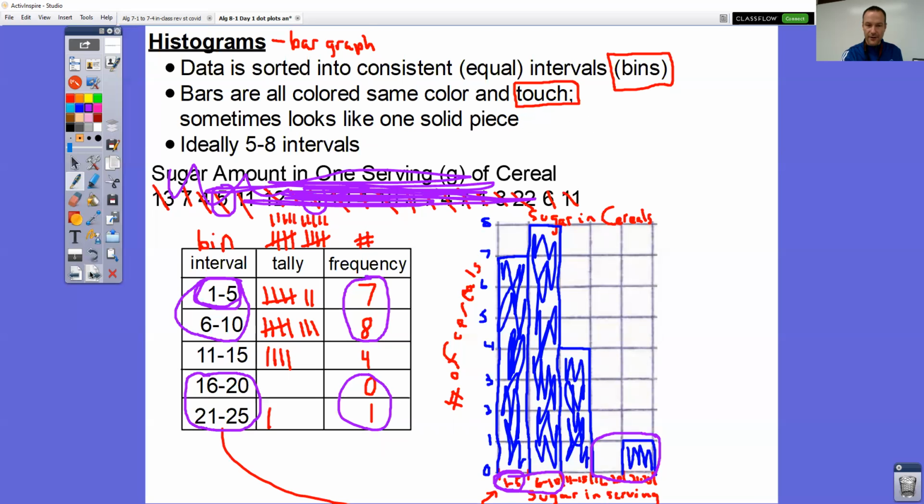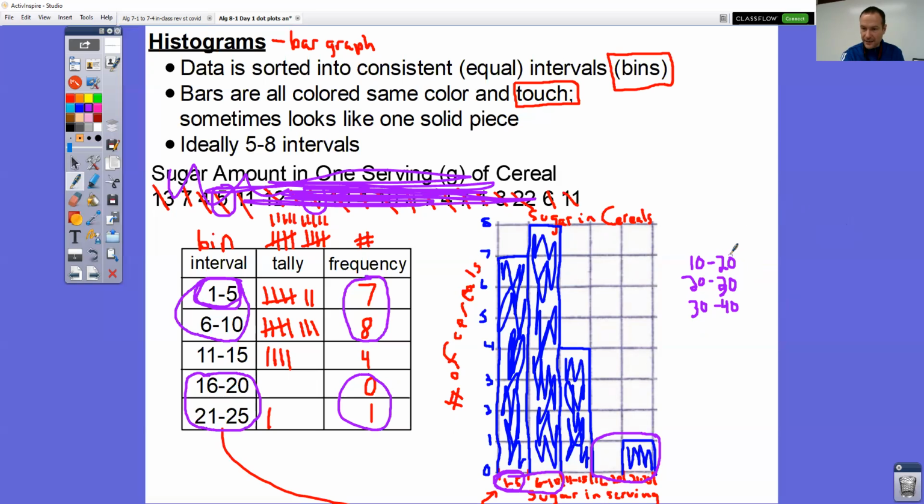Now, there is one other thing that I want to briefly touch on because there is one homework question like this. Sometimes you'll be given data that looks like this in a data table, and this is super important. If you had a 20 in your data, which interval or which bin does it belong to?